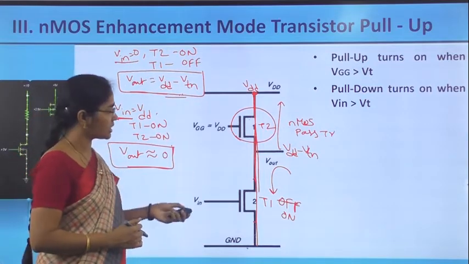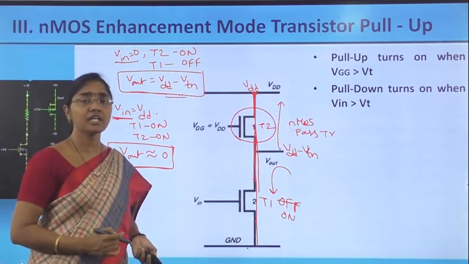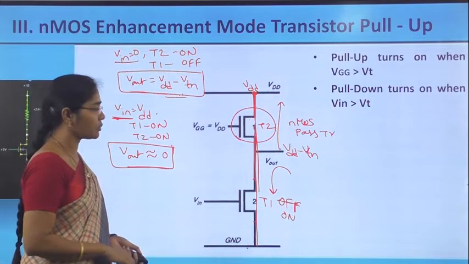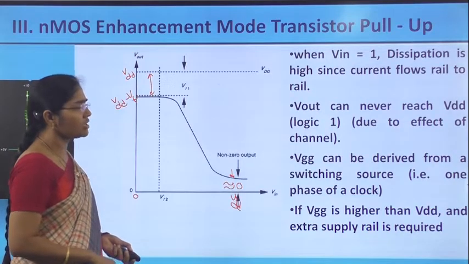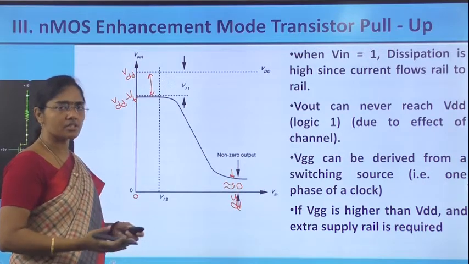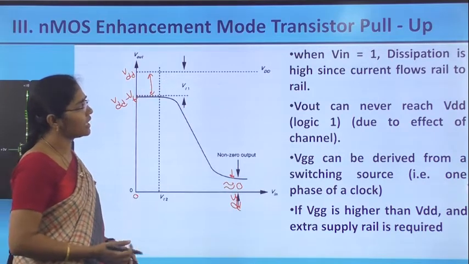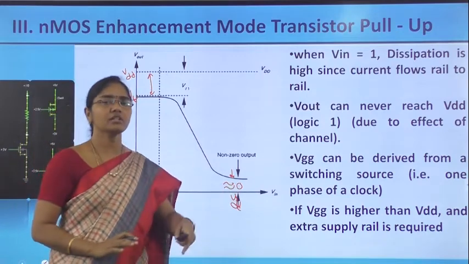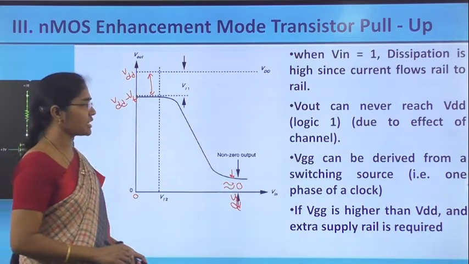This is the remark on this enhancement NMOS transistor as the pull-up device. Now let's see the alternative solution to this, the NMOS transistor as a pull-up, even though it is a depletion and enhancement transistor.